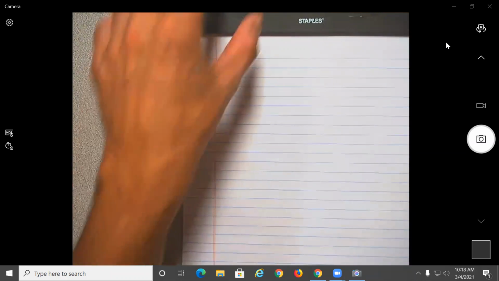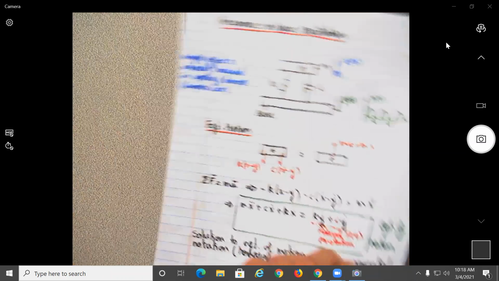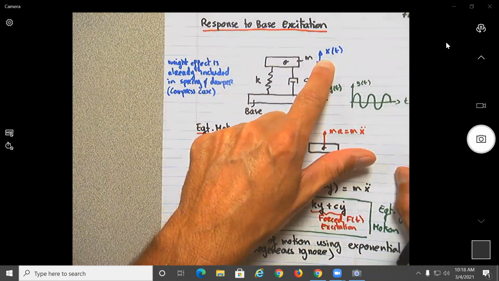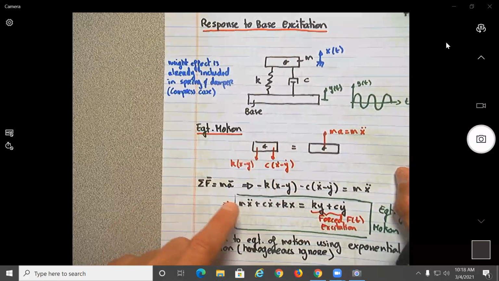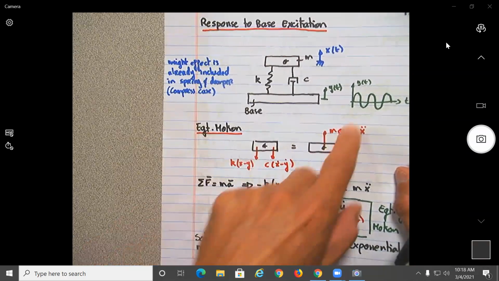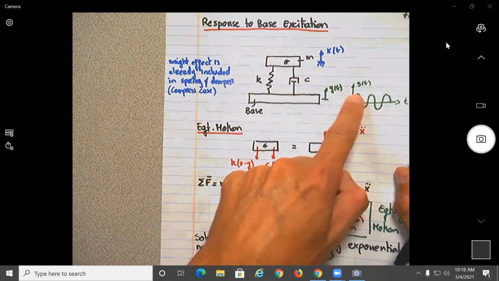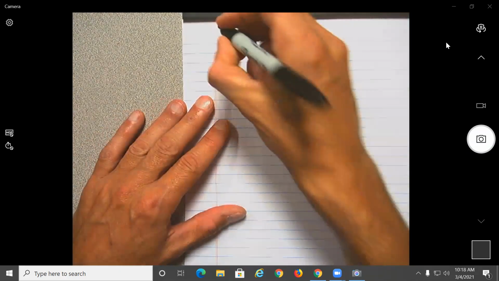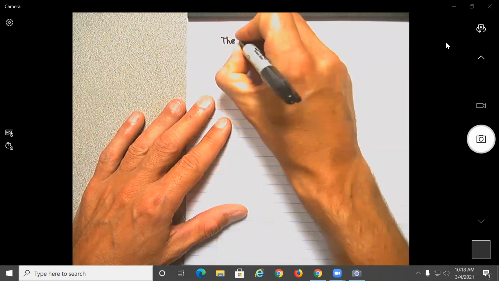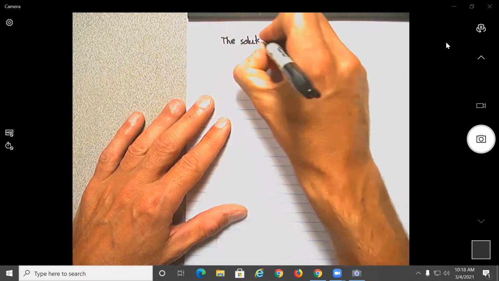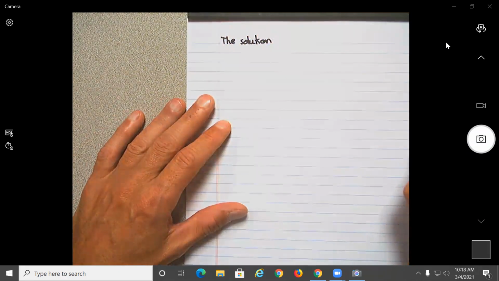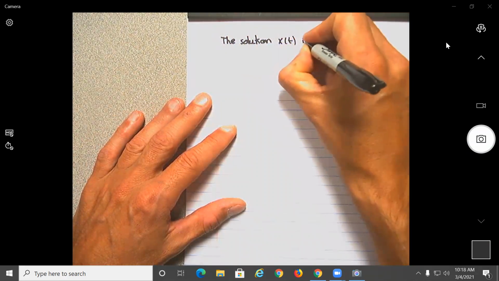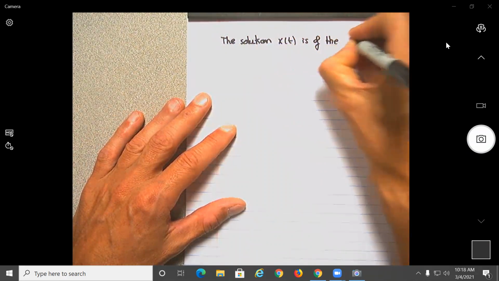Okay, so let's not lose track of all this stuff, because what is the goal of all this problem? It is to find what is x of t, no? So we found what is the x over y, but basically y will be given to us for this function. All right, so let's just say now the solution x of t is of the form that we assume.